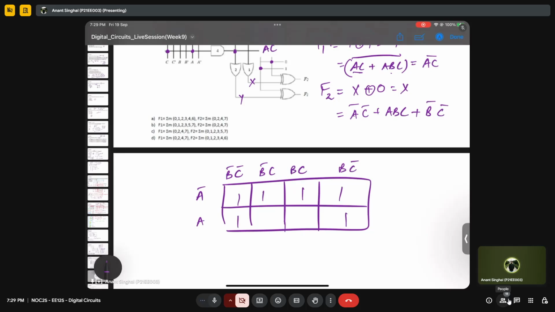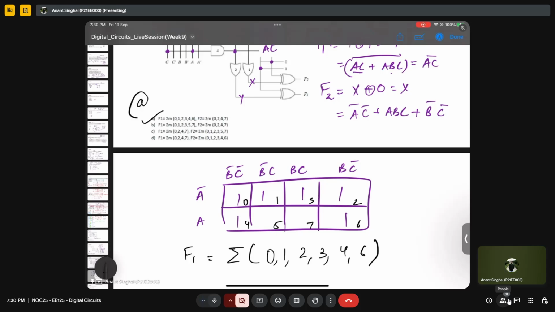So I need to write 0, 1, 2, 3, 4, 5, 6, 7. So F1 is actually minterm 0, 1, 2, 3, 4, 6. Is there any option like that? Oh, there is a single option like that. So option A is the correct answer. I'm assuming F2 will come out to be 0, 2, 4, 7.